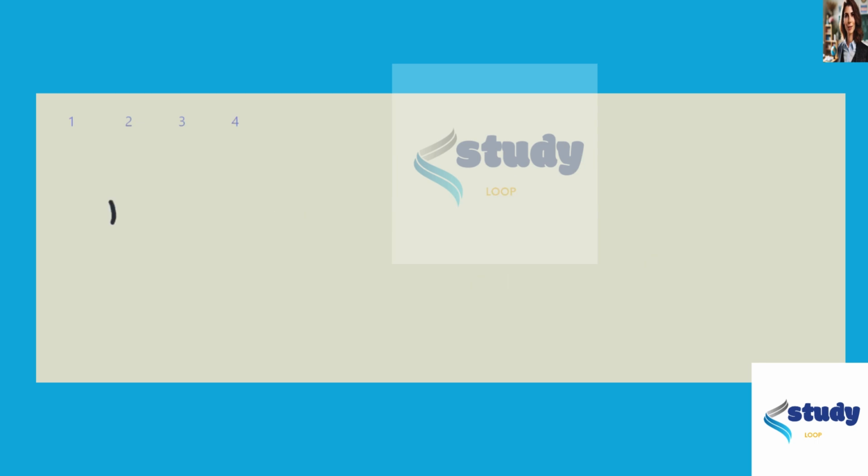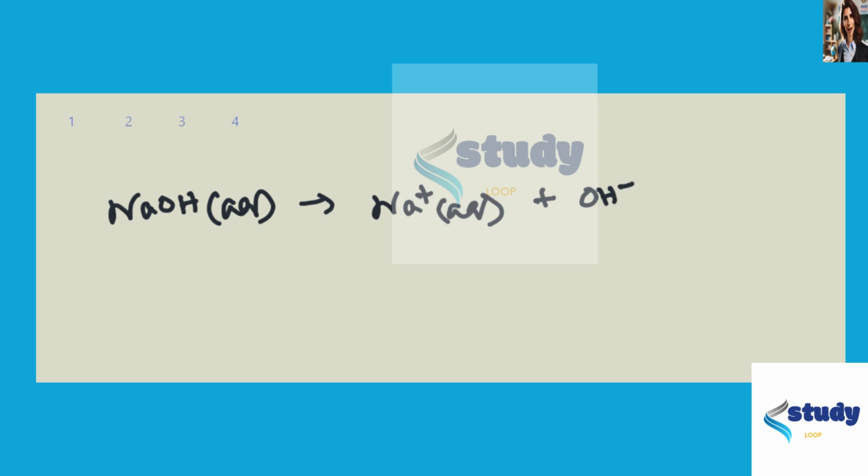Now, sodium hydroxide will be dissociated to give us sodium ion and hydroxide ion.